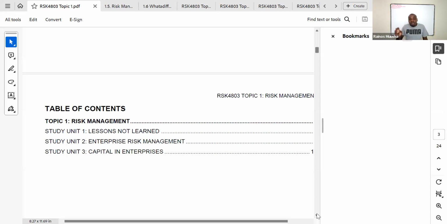But we didn't look at the other element, from a risk management perspective, that there is also a risk capital that is needed for a particular organization, so that in case a risk event happens, it does not hinder the going concern of the organization. That's what we're going to be looking at in study unit 3.